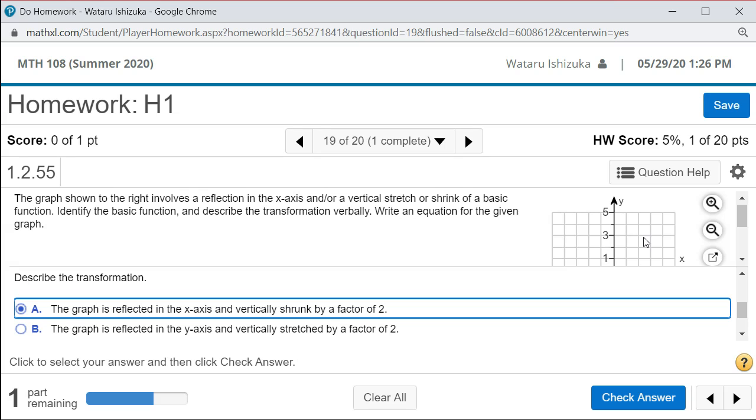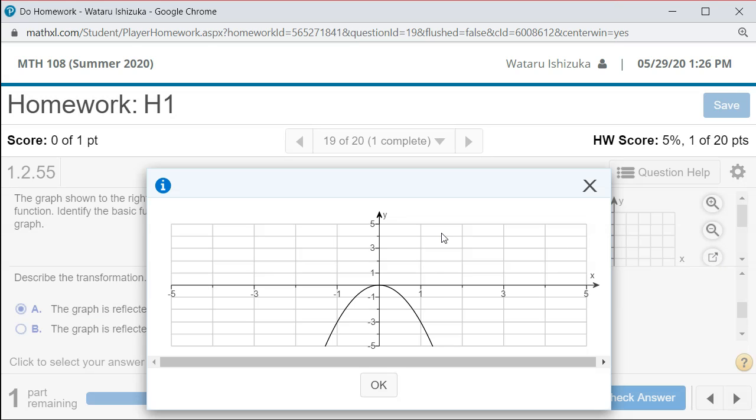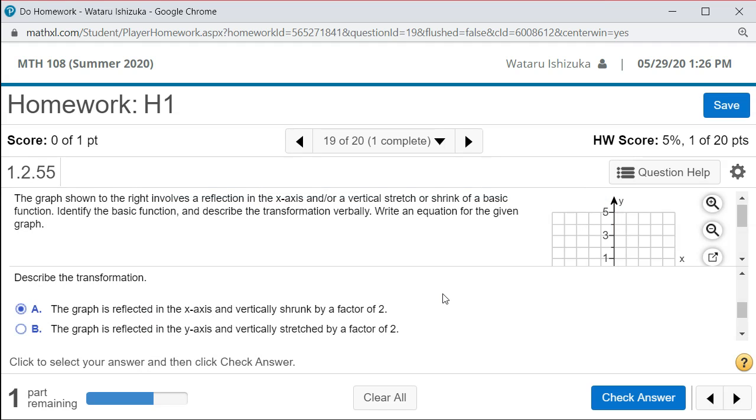Is that true? Vertically shrunk. Actually, it's not. Originally it's going to go through (1, 1), but reflected, it's going to go through (1, -1). But since it's actually a stretch, let's double check.